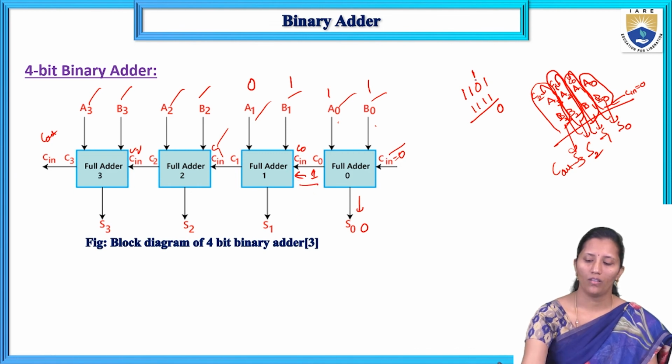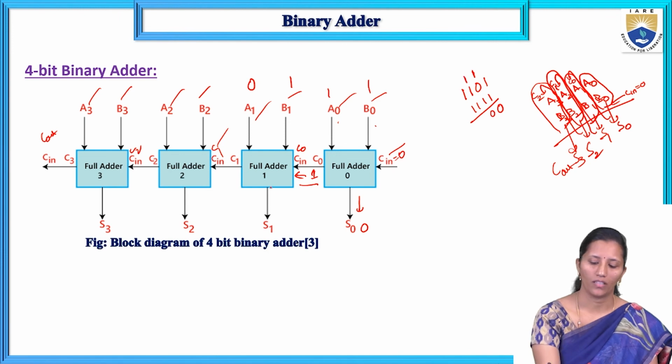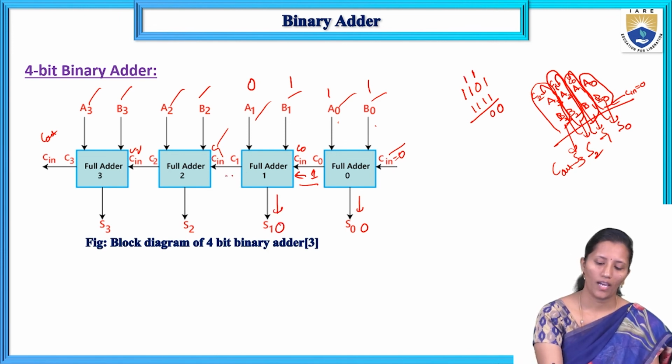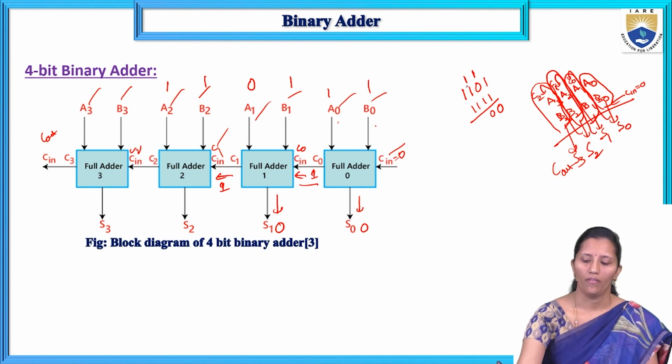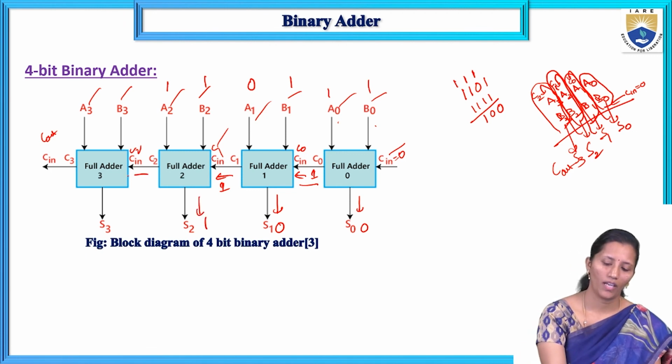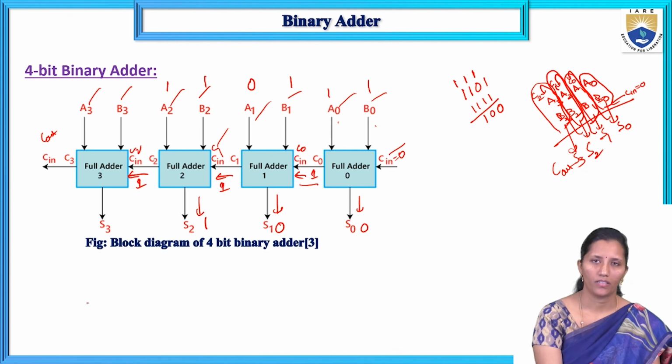So 0 plus 1 plus 1, sum is 0, carry is forwarded to the next stage. Then A2 is 1, B2 is 1, C in is 1. So 1 plus 1 plus 1, sum is 1, carry is 1. Here we get sum 1 and the carry is forwarded to the next stage.